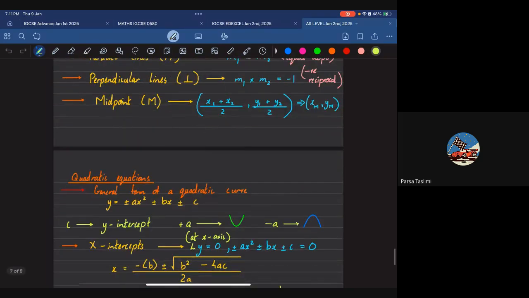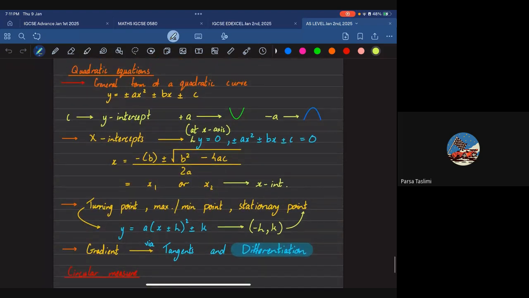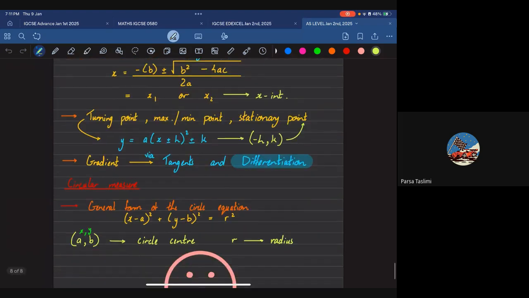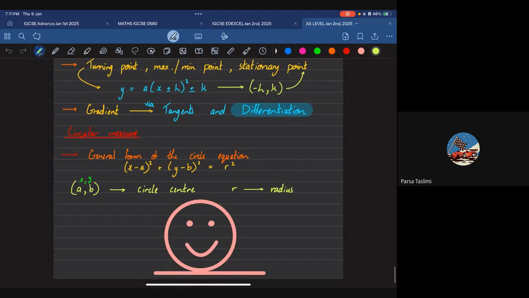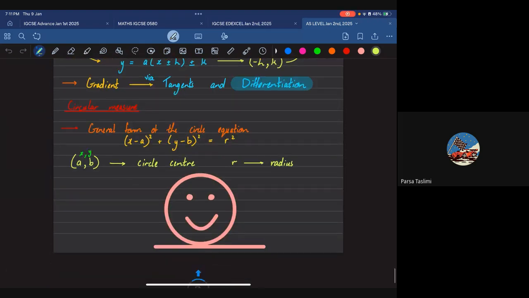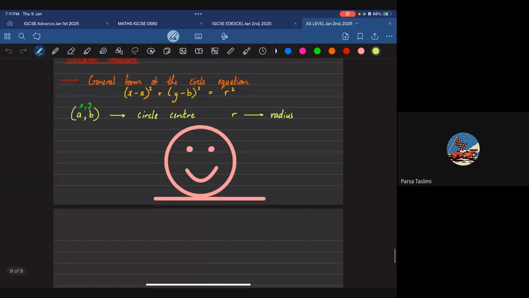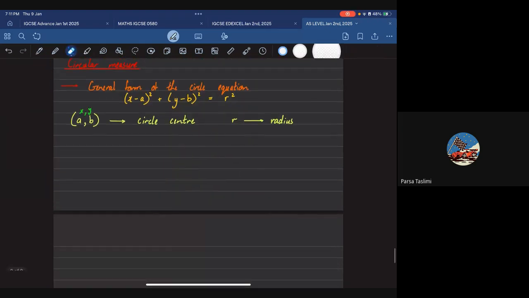We had covered the basic regions of it as well. And the last thing I remember doing with you guys is, we began circular measure. All right. So we are going to continue on with that.